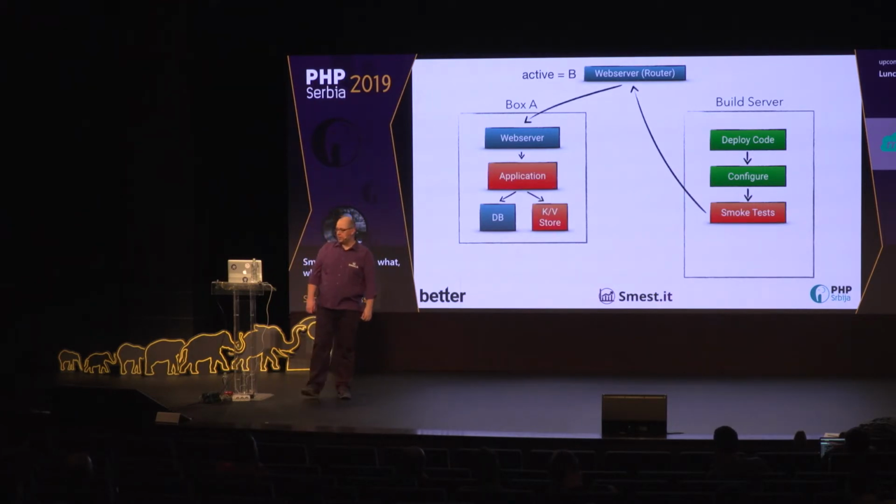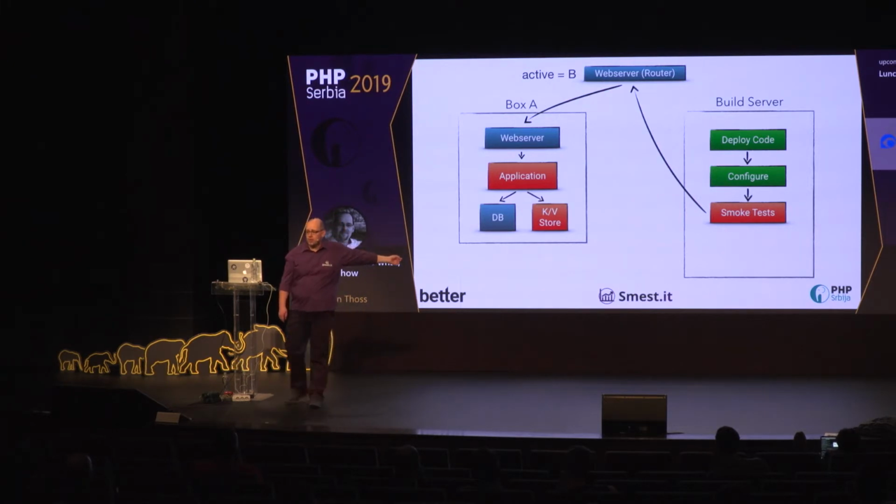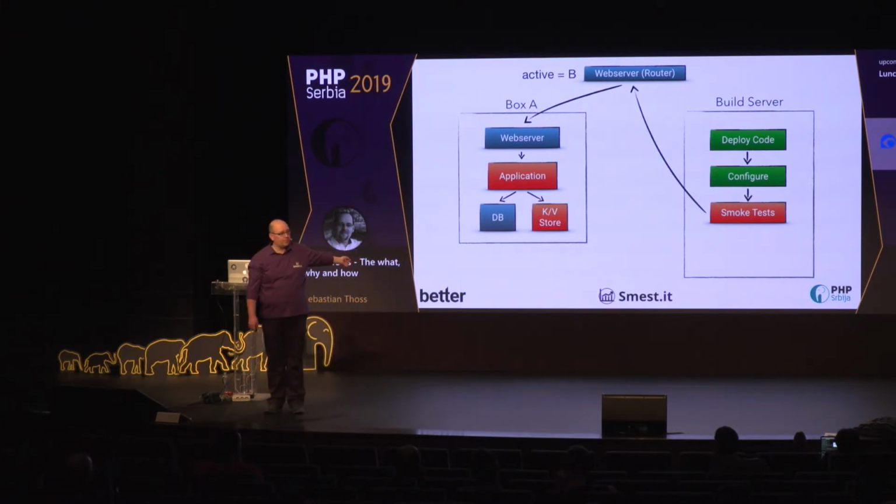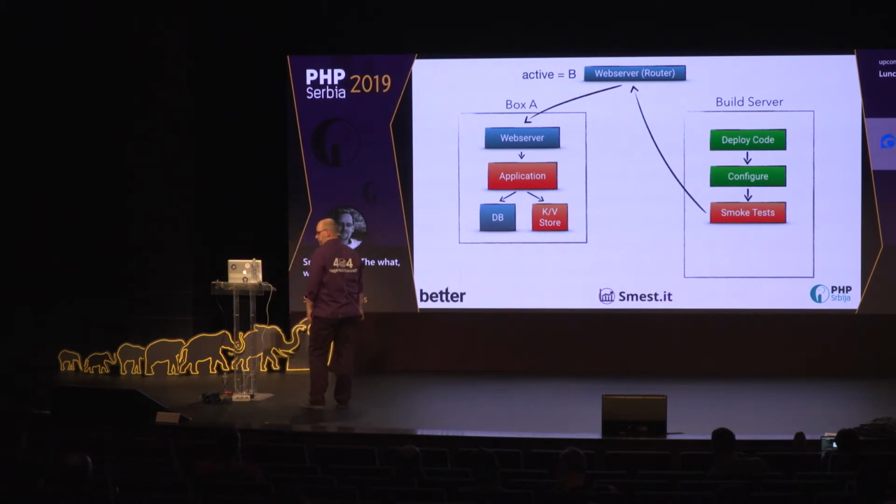But what happens now? The smoke testing failed because in the key value store something was cheesy. So any ideas what happens after this step? That's exact, nothing. That's the point.